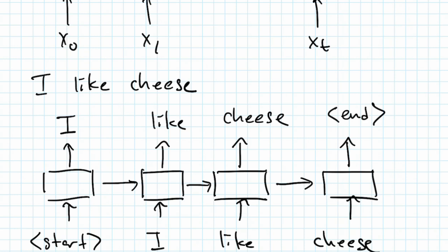Okay, so what we're teaching the model to do is when the input token is the start token, we want to predict the first word of the sentence, which is I. And then when we have start I, we're trying to predict like. When we have start I like, we're trying to predict cheese. And then when we have start I like cheese, we want to predict that it's the end of the sentence.